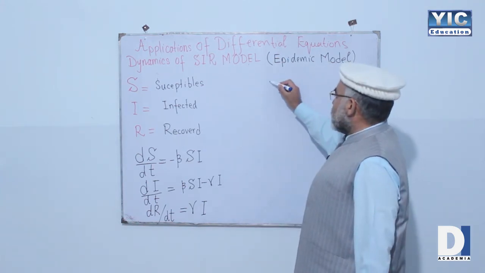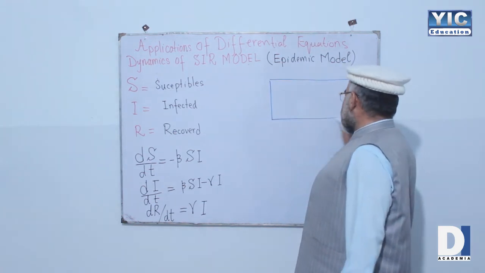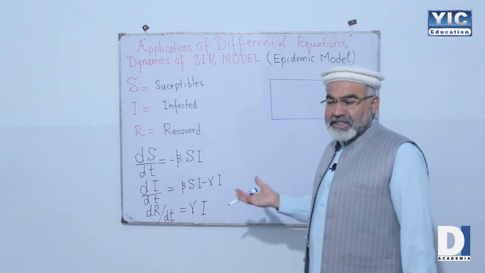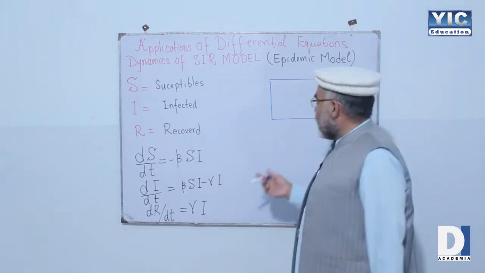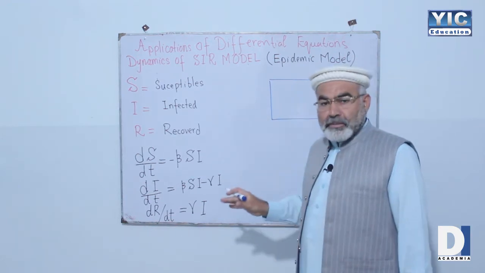Suppose we have a population N. The total population of the world is about 7.5 billion, and I am focusing on a limited population.